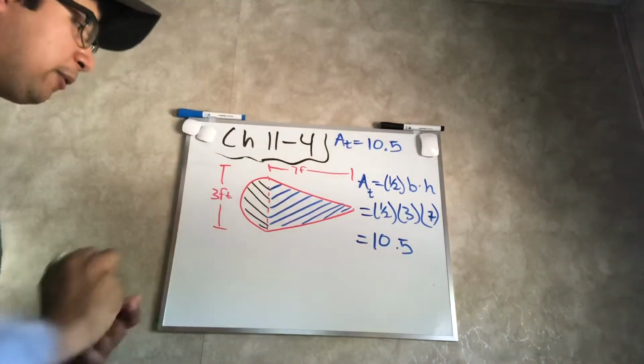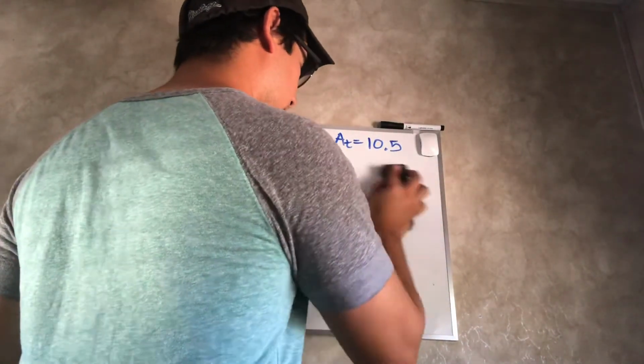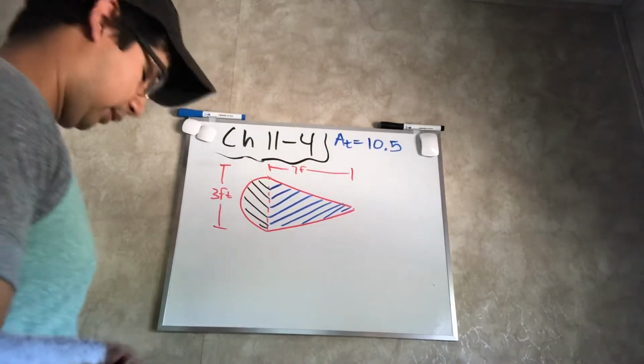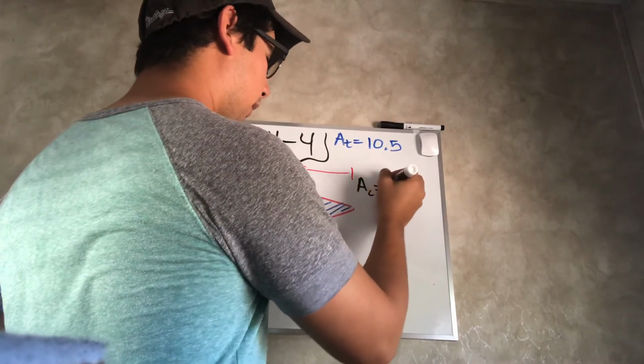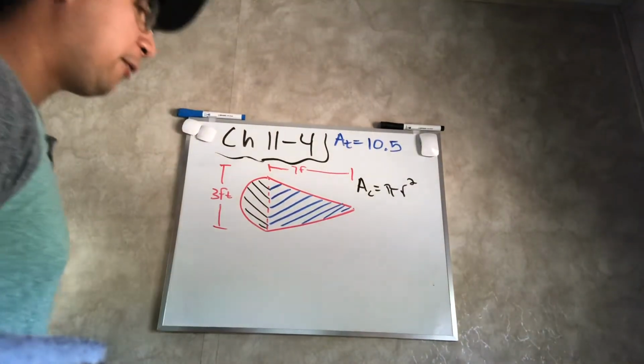Now we have to find the area of the circle. The area for a circle is pi r squared. So the area of a circle is pi times your radius squared. Now radius is half your diameter.